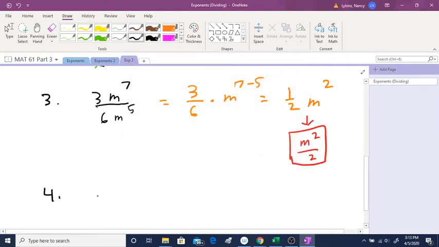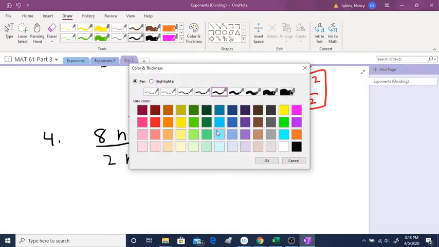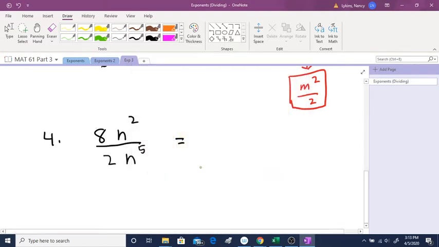What happens if you have, say, 8n squared over 2n to the 5th? Now this is where it kind of gets confusing, because I want to show us two different ways to approach this.